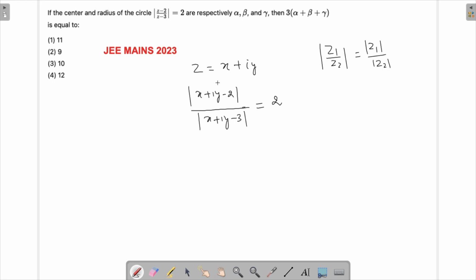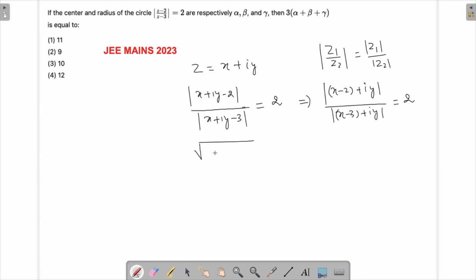So now I can find the modulus of this, and I could first separate it out. Let's do one more step and then write it as (x minus 2), the real part separately, plus iota times y, divided by (x minus 3) plus iota times y, equals 2.